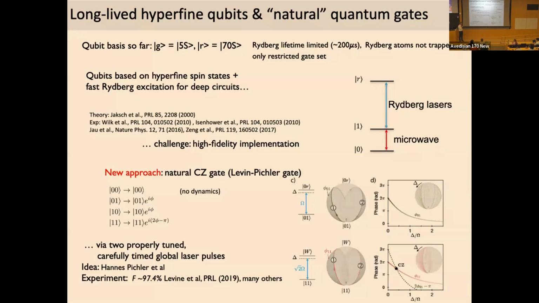The state 0, 0 has no dynamics, so the dynamics is trivial here. You would like to excite out of the state 0, 1, a single atom excitation, in such a way that you come back. But you would like to excite out of state 1, 1 such that you come back with a conditional phase.